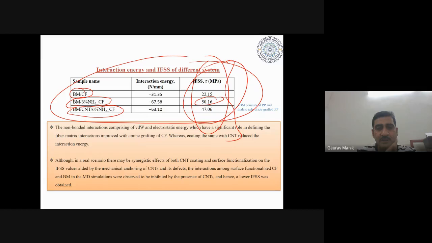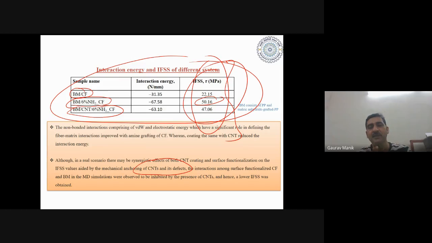One piece of the work which we are also doing is that in CNTs and also the carbon fibers, there are several defects which are possible. So you can even molecularly simulate those defects into the system and get an understanding whether those defects will actually help improve your interfacial properties or decrease them.